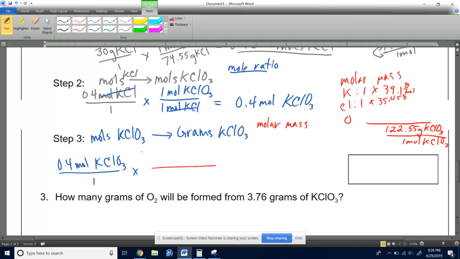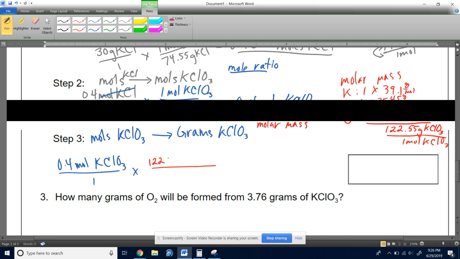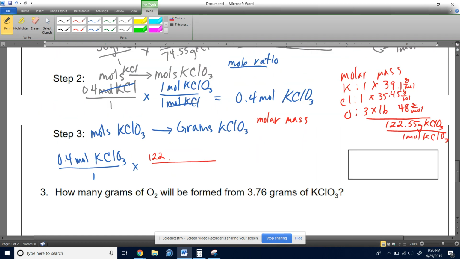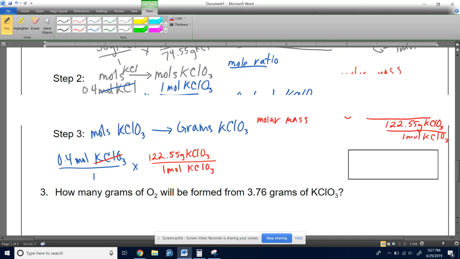Okay, so we write our line and we have 122.55 grams of KClO3 over 1 mole of KClO3. And then here you see that the moles of KClO3 cancel with moles of KClO3.